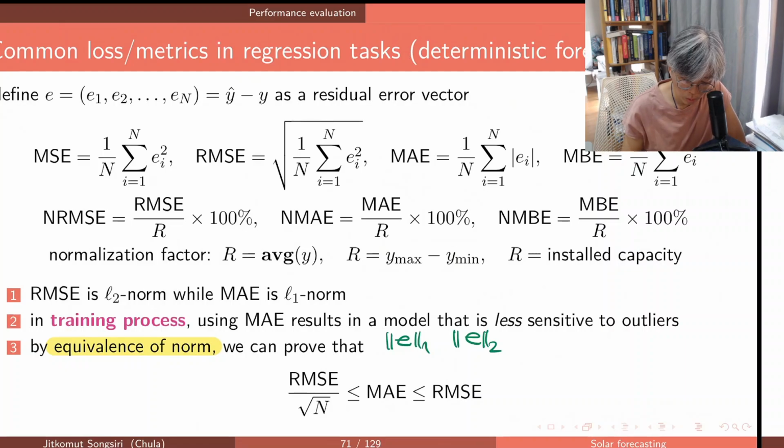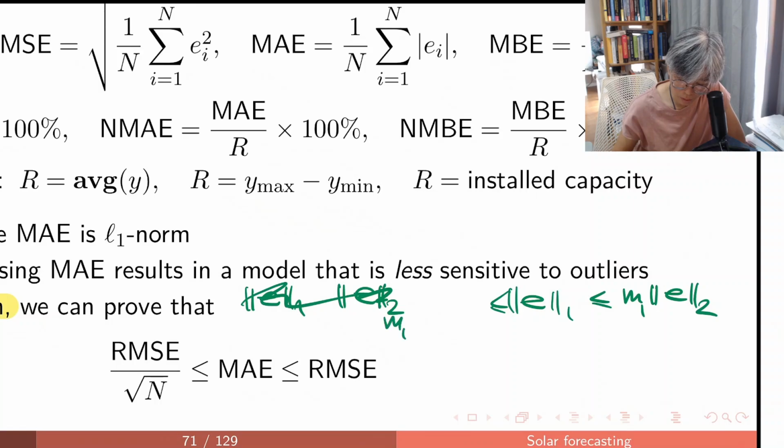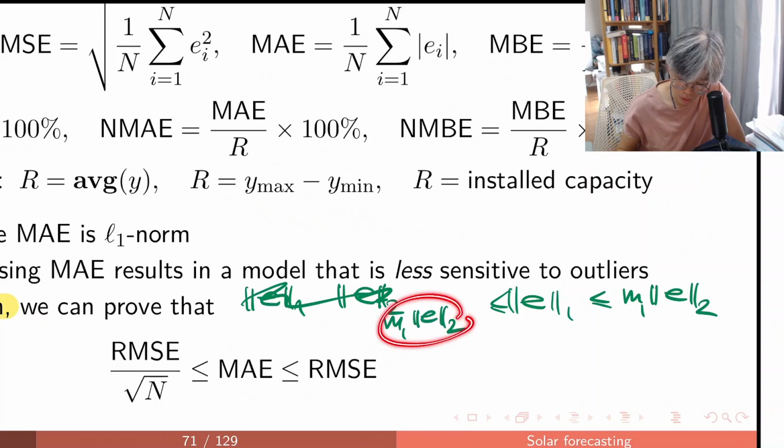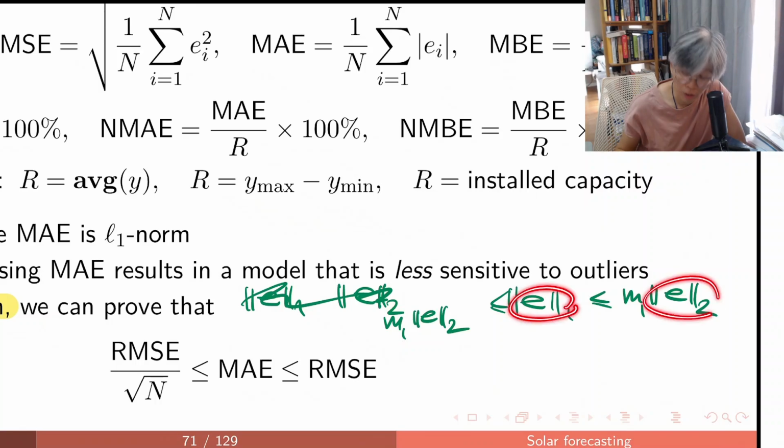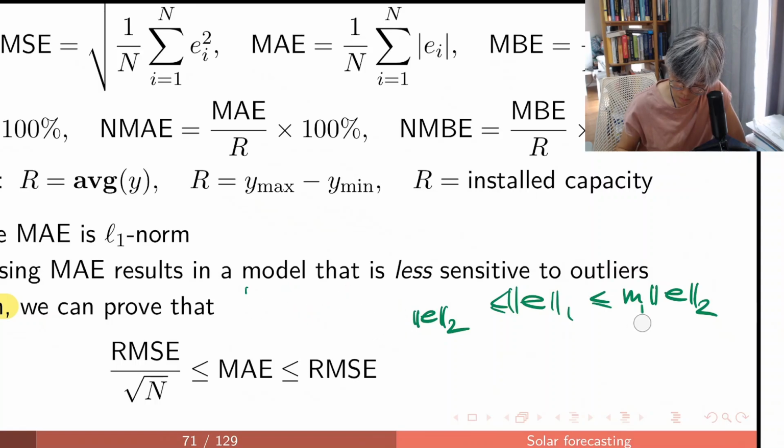That allows you to make a relationship between two norms, so you will be able to find some constants M1 and M2. And then you can develop a bound between any pair of norms. That's what we mean by equivalence of norms. You can look up this result on the internet, or you can prove it by yourself.